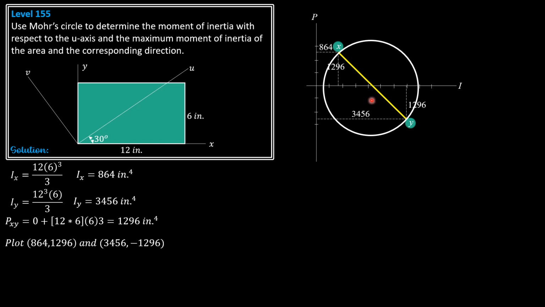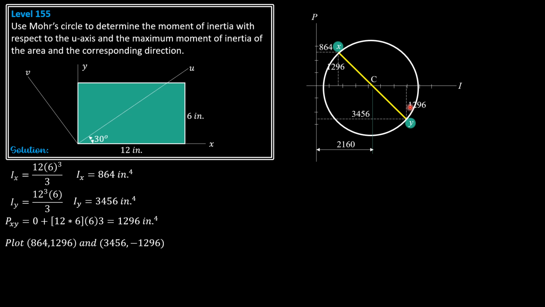We locate the center as the average of 864 and 3456. So 864 plus 3456 divided by 2 is equal to 2160 inches to the fourth.